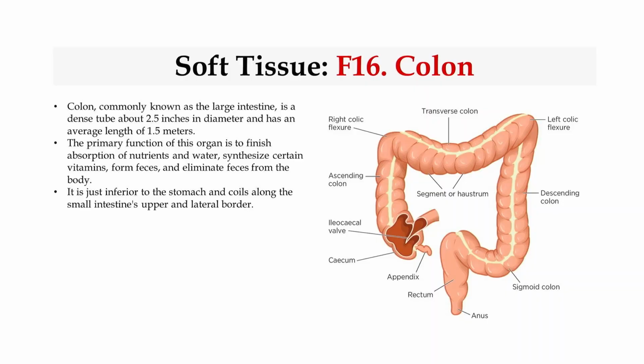Let's go further. The next tissue, which is also a very important component of the digestive system, is the colon. The colon, commonly known as the large intestine, is a dense tube about 2.5 inches in diameter and has an average length of 1.5 meters.